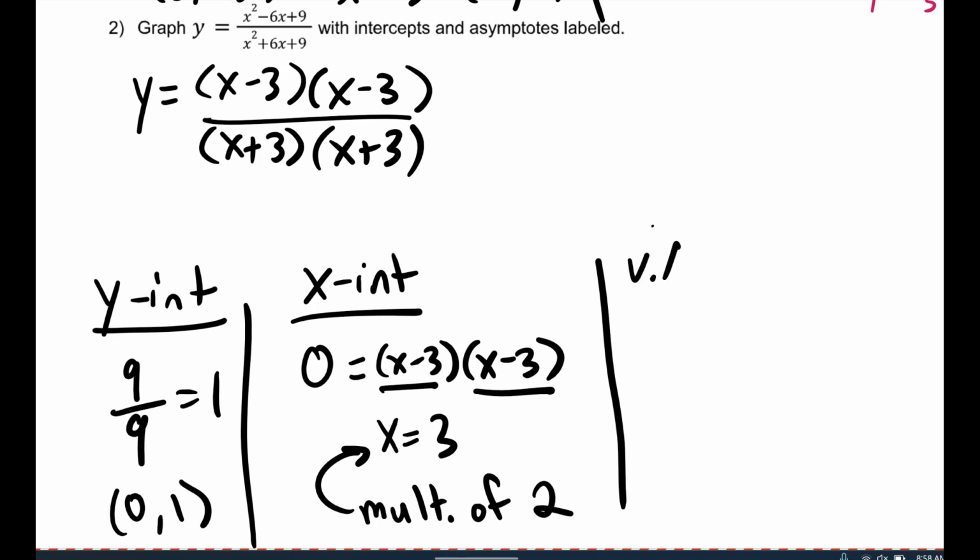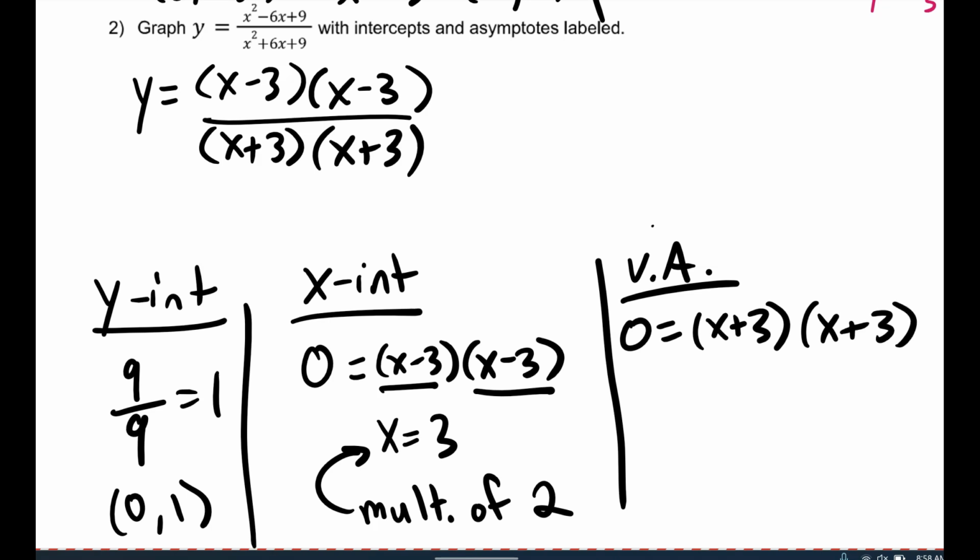Okay, so my vertical asymptote is still whenever my denominator equals 0, whatever value or values of x would cause this fraction to be undefined. And I think here it would just be -3. Do note that that factor appears twice in our denominator.